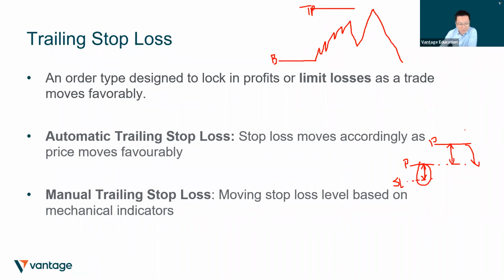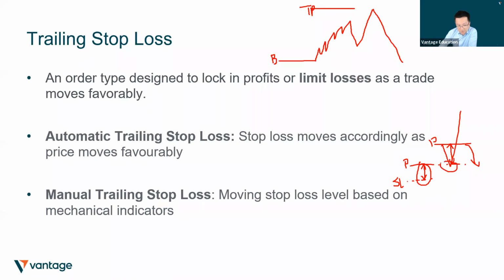The cons, the bad side to an automatic trailing stop loss, is that it gives very little space for price fluctuation, right? Because we know that price doesn't move in a straight line. If you have your automatic trailing stop loss too tight, price moves up, your stop loss follows. The next moment it spikes down and shoots back up again.